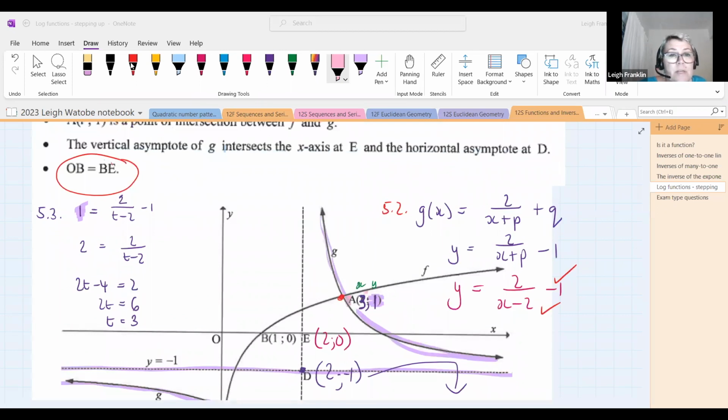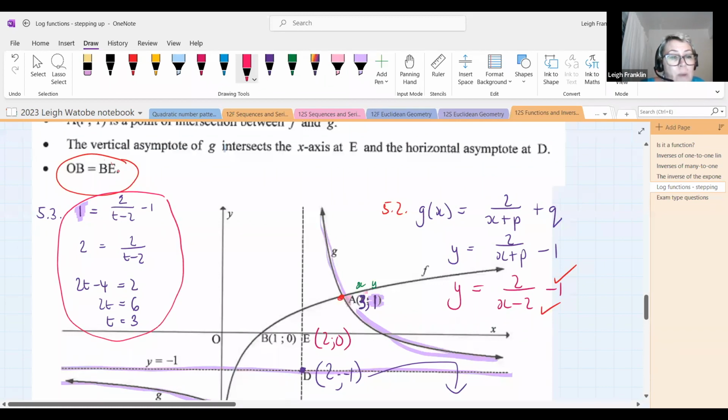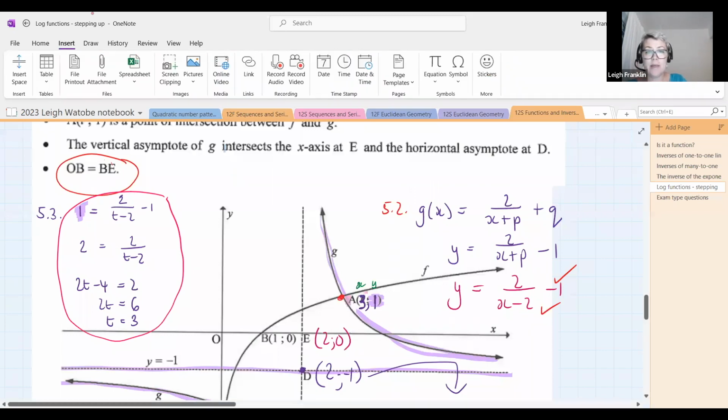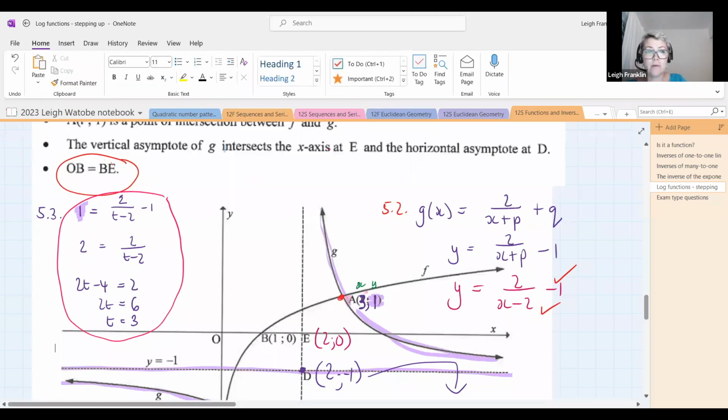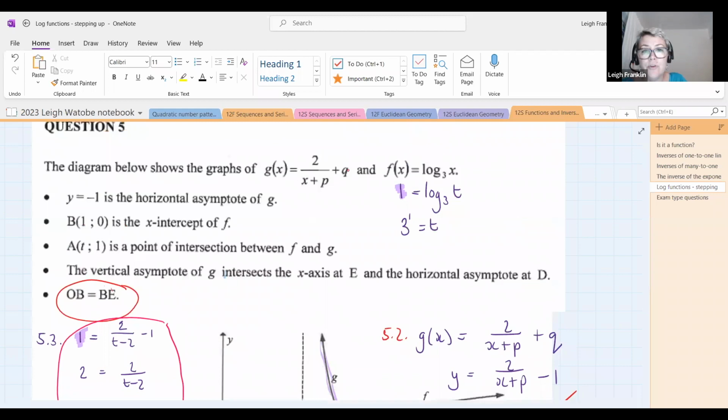This bit, I'm just going to draw a pink ring around it. That over there is where I use the equation of the hyperbola. And up here, this is where I used the log equation to work out the value of t. So yes, I did it both ways.